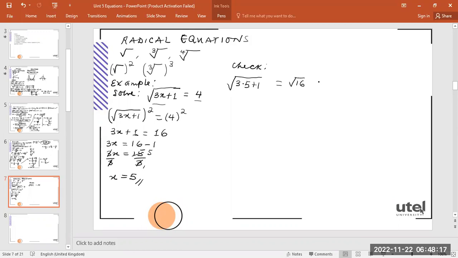And the square root of 16 is equal to 4, because 4 multiplied by 4 gives you 16. You can see that what we have on the left-hand side is exactly the same as what we have on the right-hand side. So that checks out correct. You can always go back to your original equation and substitute the value of x that you've obtained to find out if you are right or wrong.